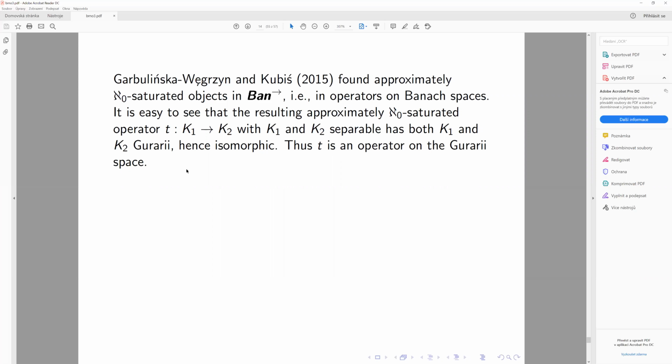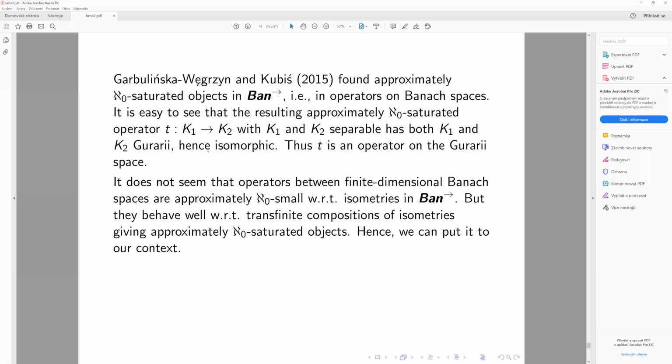So one could also look at it, but now it doesn't seem that operators between finite dimensional Banach spaces are approximately or small isometries. I don't think that it's true, but they behave well with respect to maybe not all transfinite compositions of isometries, but to those which you use to construct this approximately saturated thing.